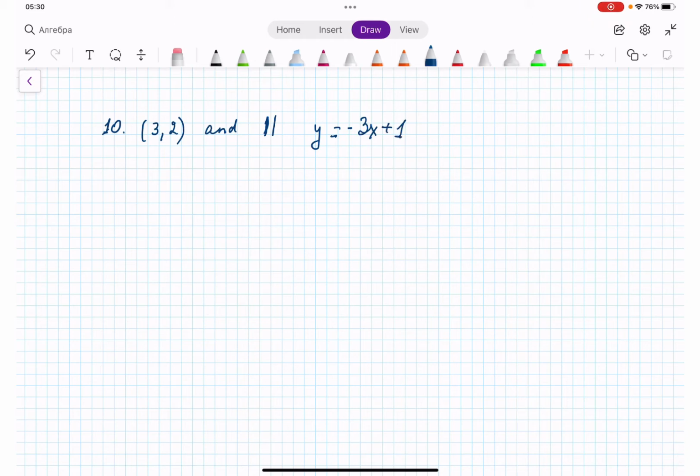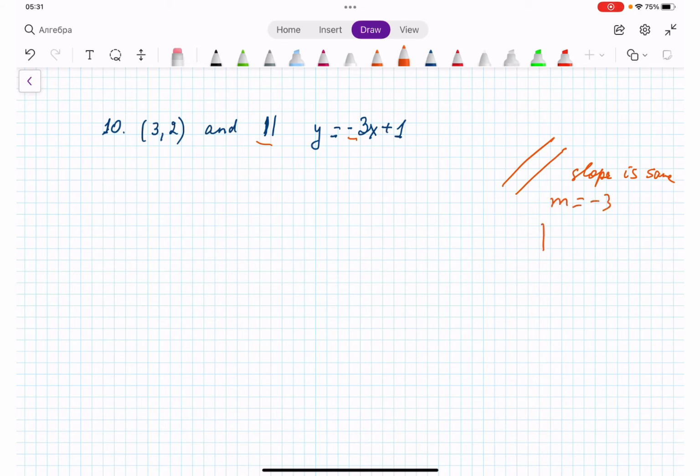Okay, so first of all, let's talk about parallel. When lines are parallel, that means the slope is the same. Since in this case the slope is negative 3, that means m, the slope, is going to be also negative 3.